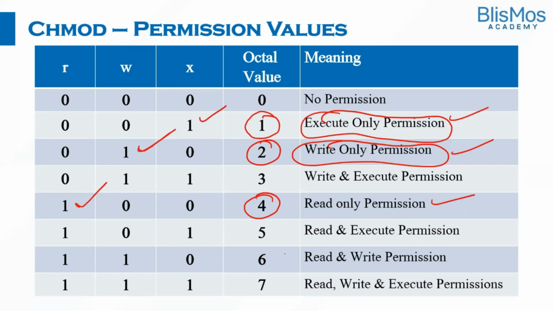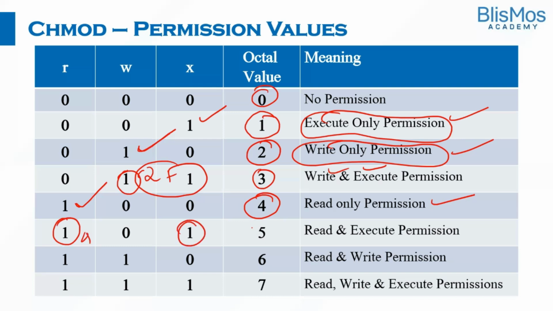A combination of all these things would be the next set of permissions. For example, 0 means nothing. 3 means 2 plus 1, that means it is 3, and a file would have write and execute permission. 5 means 4 plus 1, that is 5, which means a file has read and execute permission. 7 means 4 plus 2 plus 1.